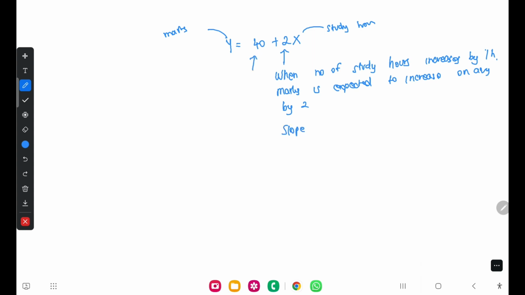What is this then? This we call the intercept. This shows the marks obtained by students when he or she doesn't spend any time studying. That means study time hours is 0. This is the intercept.